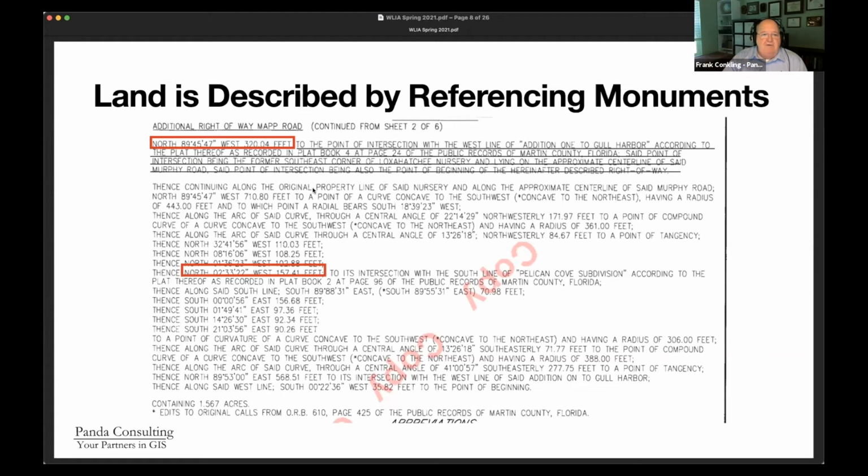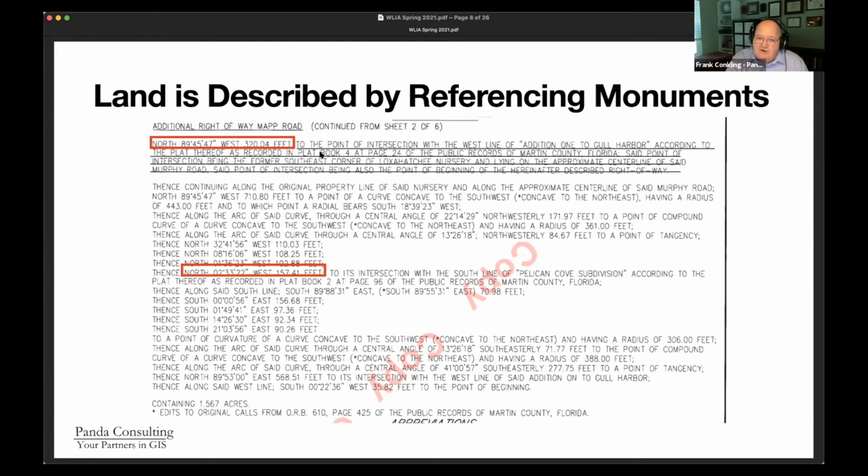In that first paragraph, I have highlighted and outlined in red the measurement call, but then I've underlined what the actual important calls are in this legal description. And it says, to the point of intersection of the west line of this addition to Gull Harbor, according to the plat thereof as recorded in this book and page of the county, said point being the intersection of the former southeast corner of Loxahatchee Nursery and lying on approximate center line of said Murphy Road, said point being also the point of beginning of the herein described right of way.